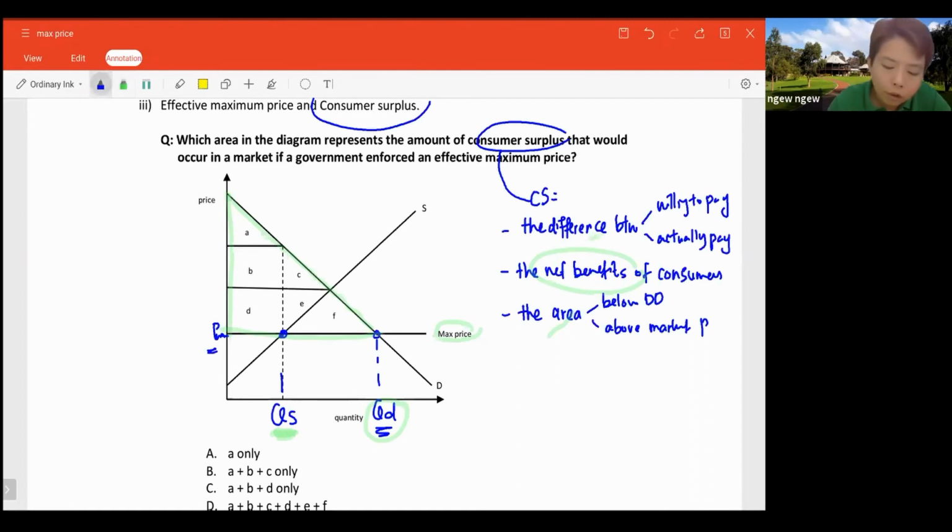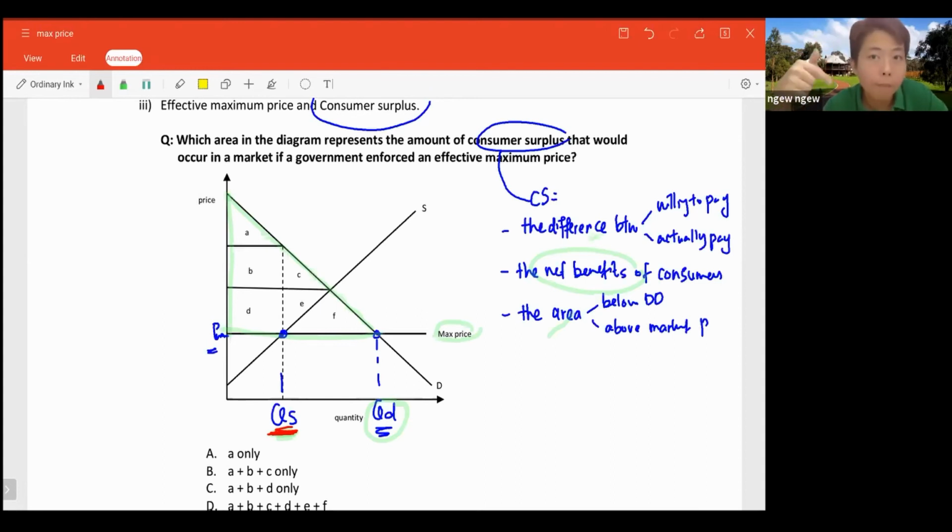Therefore, only this group of consumers manage to satisfy their wants. And if you didn't manage to buy the goods and services, you didn't even enjoy any benefit. Let's not talk about net benefit then. Therefore, you need to find out who will be able to buy. So only QS of people will be able to buy.